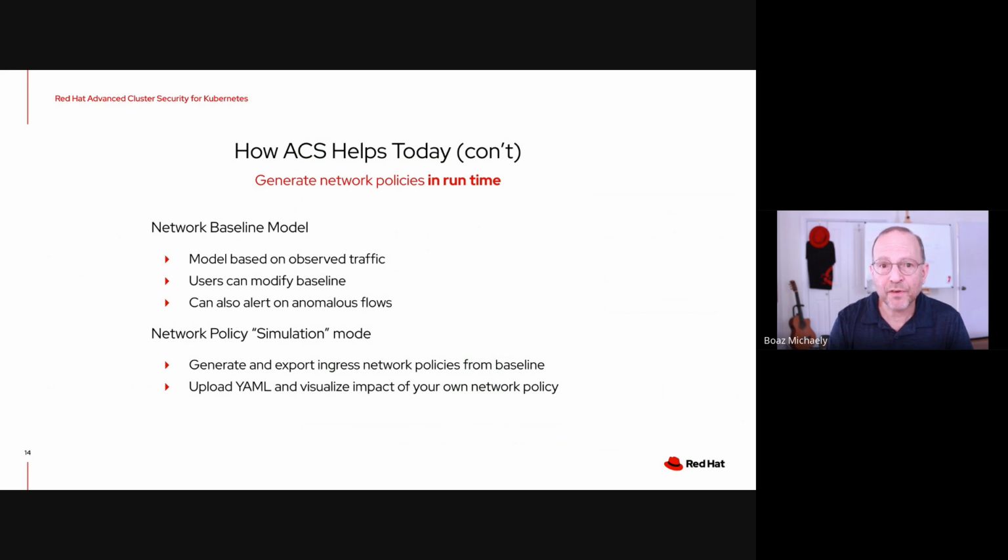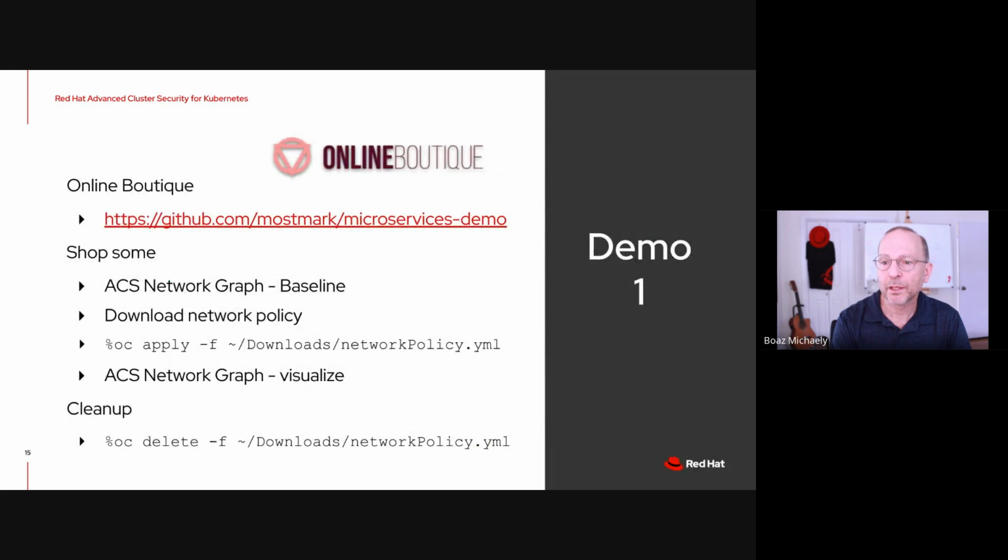We don't provide the egress for the reason that we feel that we don't have enough information in that baseline, and we don't want to break the application. So then you can use that and bring it back into your GitOps, use that as a base for your network policy, upload it, and you can also play with that from within ACS itself and visualize the impact. So let's move into the first demo.